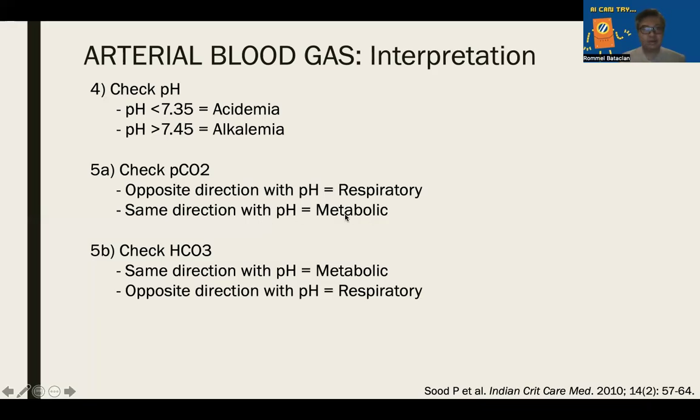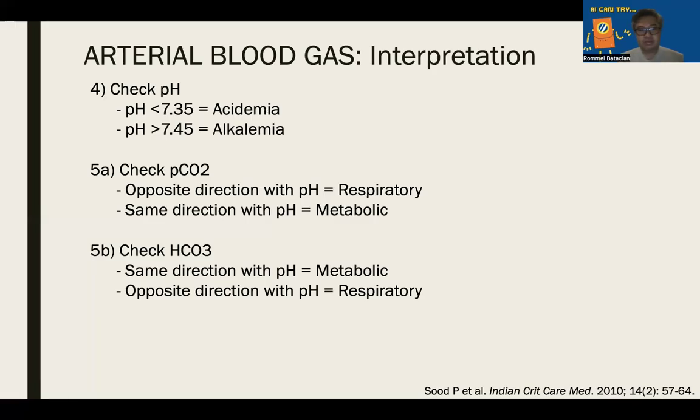So for example, the PCO2 is 60. So it is elevated compared to the normal of 35 to 45. However, the pH in this patient is 7.3, which is decreased. So decreased pH, elevated PCO2. So that is a respiratory acidosis.